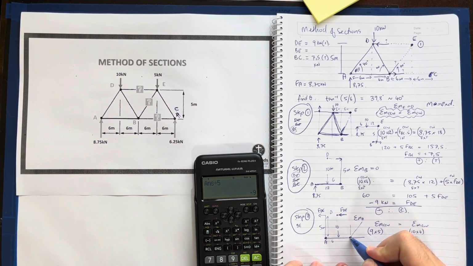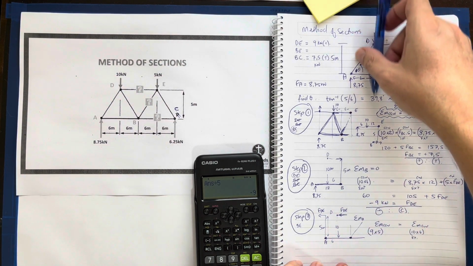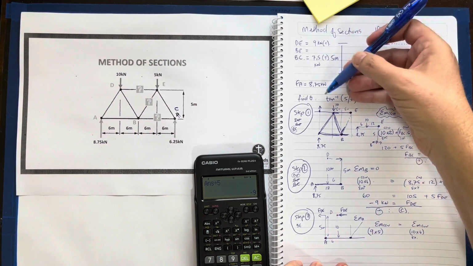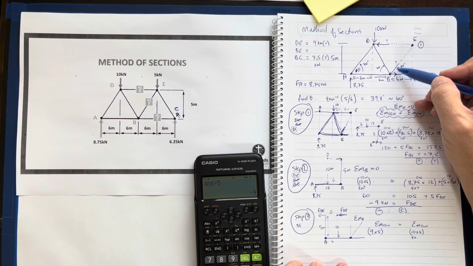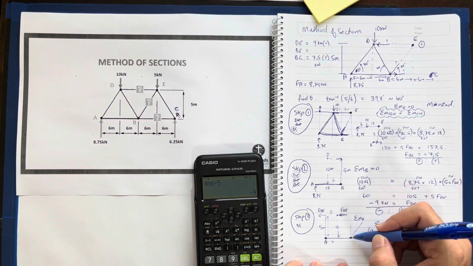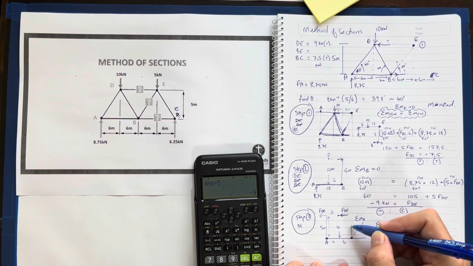And what else do I have? I've done that one. But I now have an unknown, which is there. So what I'm going to do is, I don't know which direction the vertical component of that is going to be. 6 and 6 and 12 away.